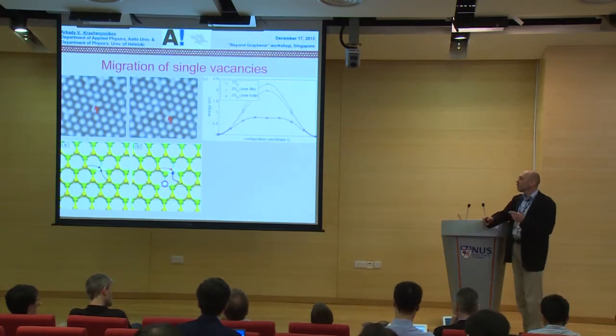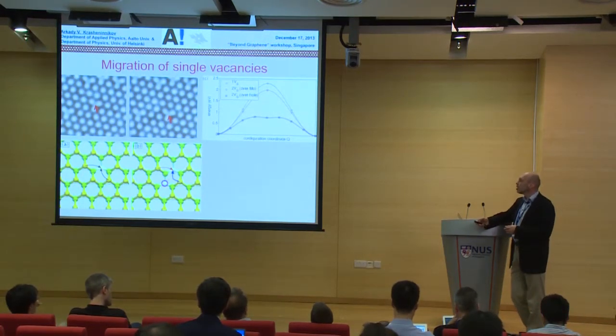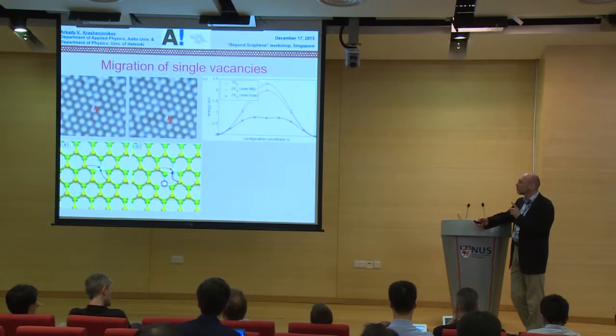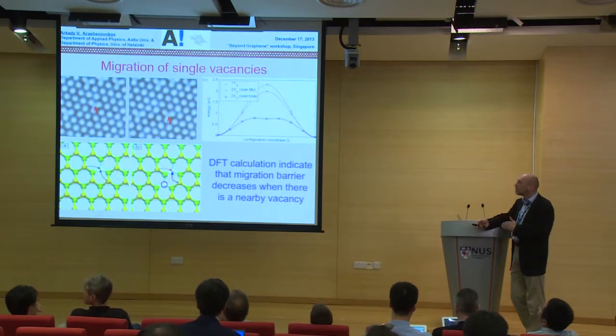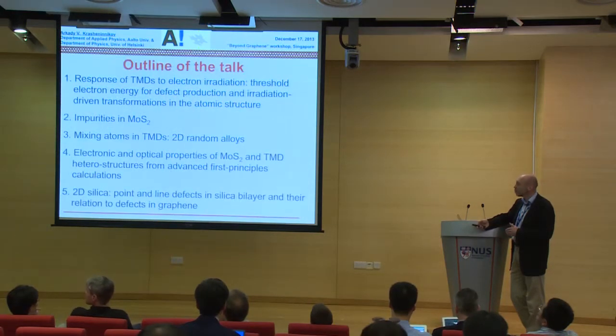But if we calculate the migration barrier for a vacancy when another vacancy is nearby, the barrier drops quite a lot to about 0.7 eV. And this may explain the sudden collapse of the atomic lattice. Basically, when the concentration of vacancies increases, at some point the lattice becomes unstable and line defects are formed.